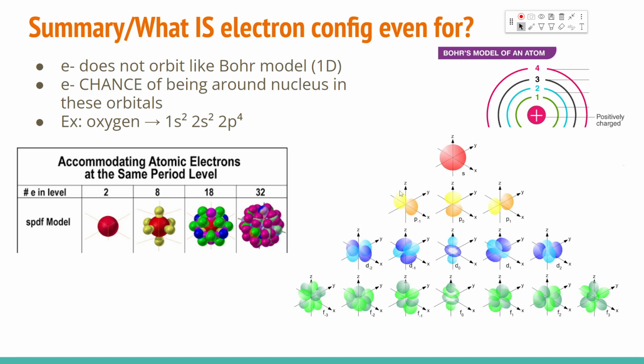One of the p orbitals looks like this, one of the p orbitals looks like this, one of the p orbitals looks like this. And so I would have 1 electron chilling here in one of these, 1 electron chilling here in one of these, 1 electron chilling here in one of these, and then this is 2p4, so I have 1 more, so it's going to start doubling up. So really I have 2 here. And so these orbitals are the likely places these electrons are going to be, and so there we go.